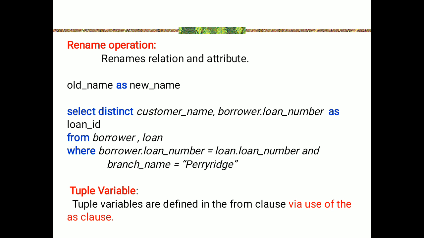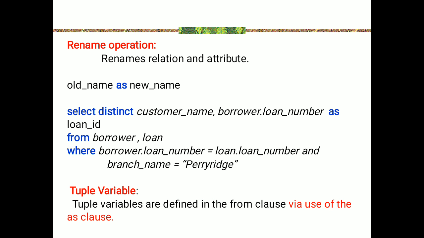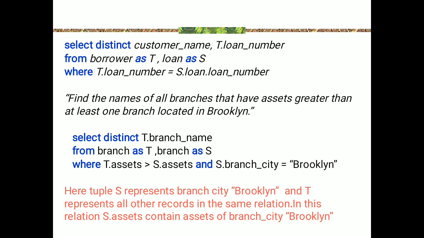Now tuple variables. Tuple variables are defined in the from clause via the use of the as clause. As we have renamed the attribute, we can also rename the table. Let us see how we can use it. Select distinct customer name comma T dot loan number from borrower as T, loan as S, where T dot loan number is equal to S dot loan number.